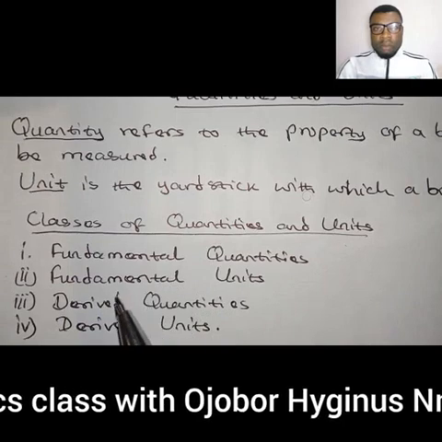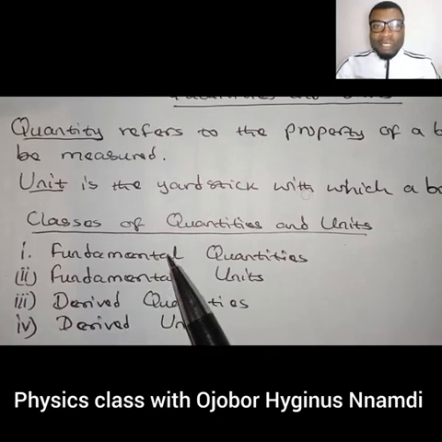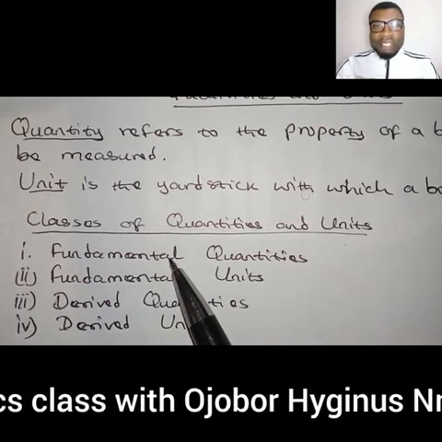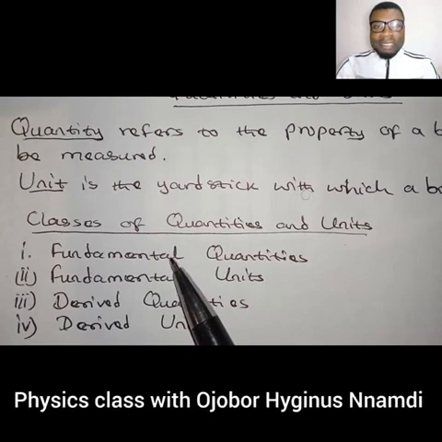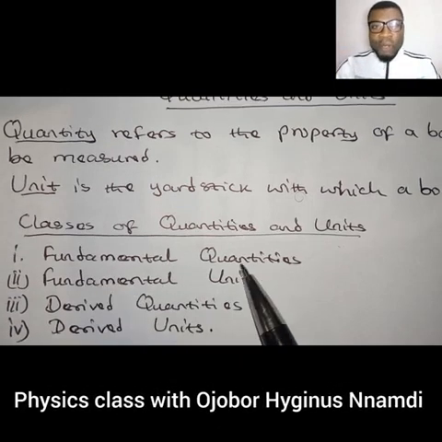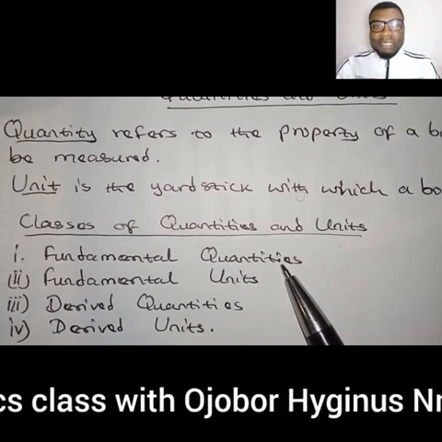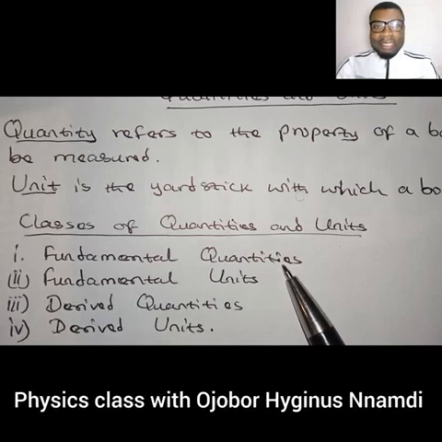Quantities and units are classified into two: fundamental and derived. The word fundamental, from our basic knowledge of English, means basics. It means the start. That is independent. So from the word, we can say that fundamental quantities are those quantities that are independent of any other quantity. They exist independently.